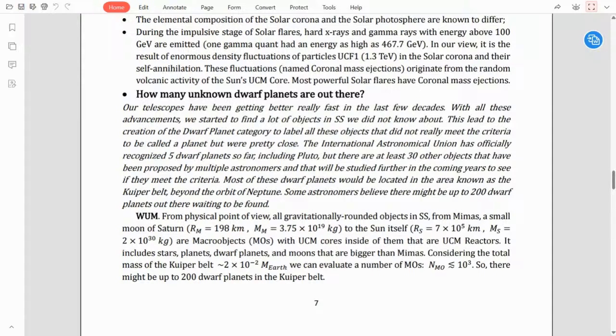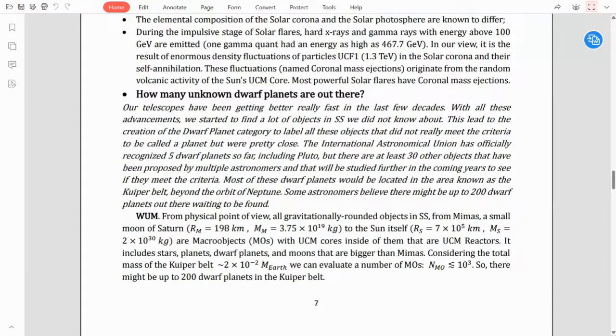In my model, from a physical point of view, all gravitationally rounded objects in the solar system, from Mimas, a small moon of Saturn, to the Sun, are macro objects with UCM cores inside of them that are USM reactors. It includes stars, planets, dwarf planets, and moons that are bigger than Mimas.